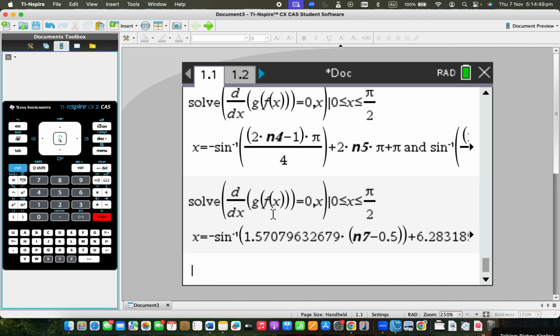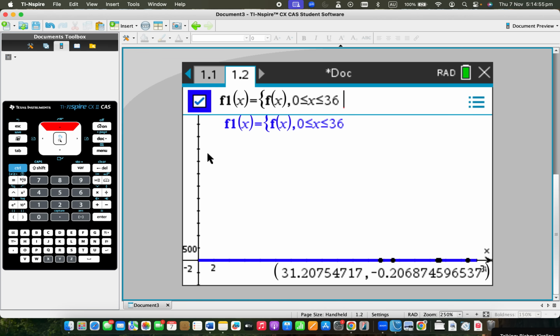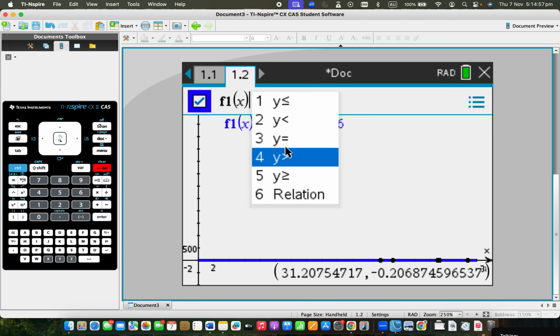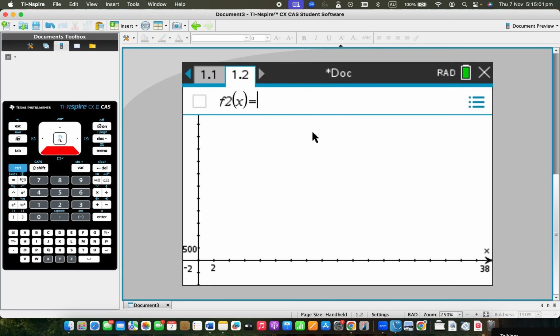I'm just going to do it on the graph. Okay, let's get rid of everything. So we've got g of f of x.